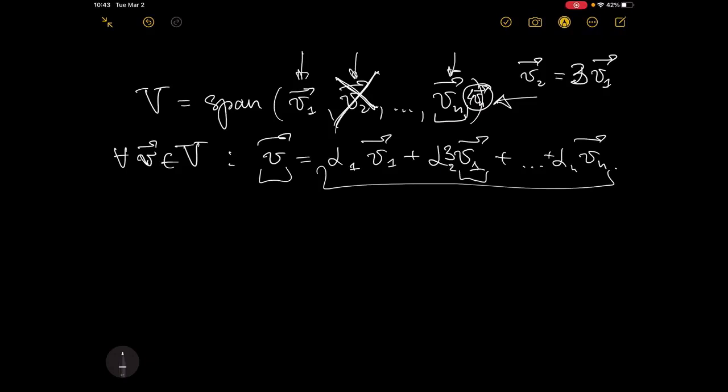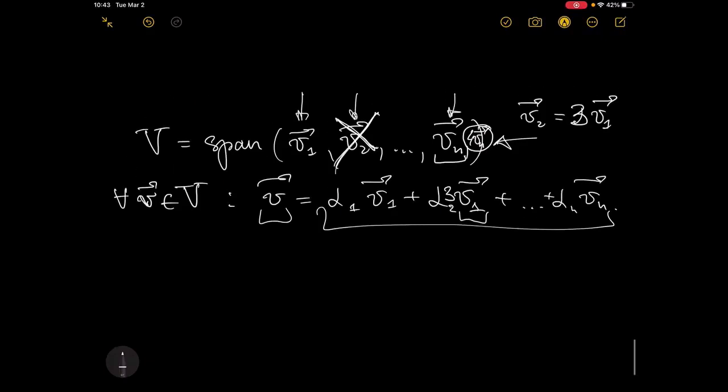So a spanning set could have the zero vector, but a basis could not. Yes. But it doesn't make sense to have a zero vector in the spanning set because it doesn't add anything, essentially.